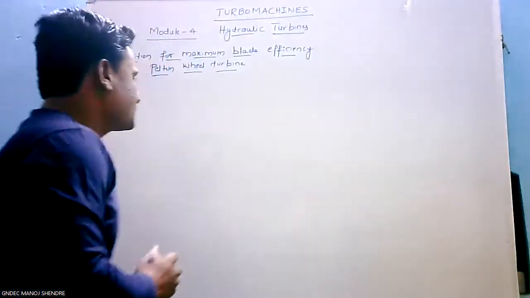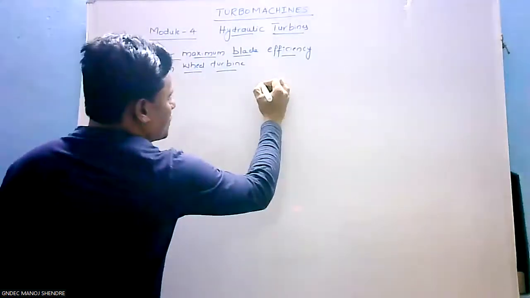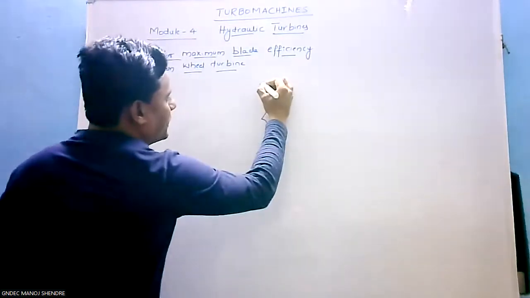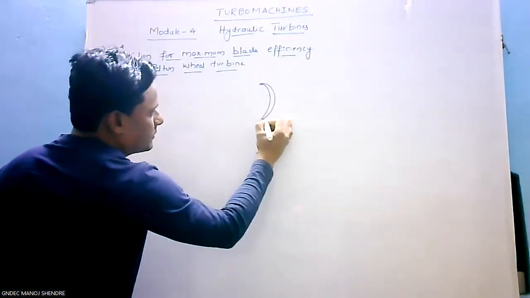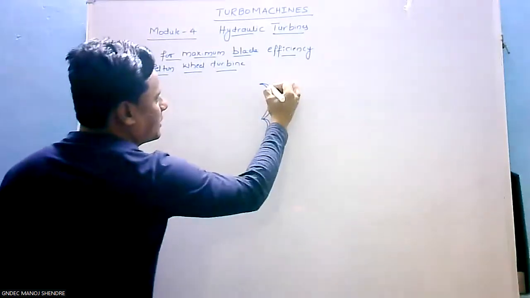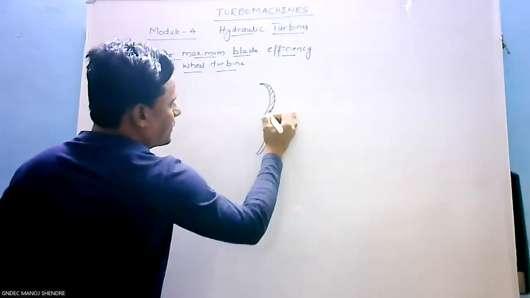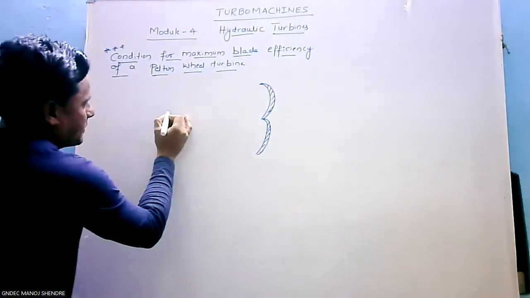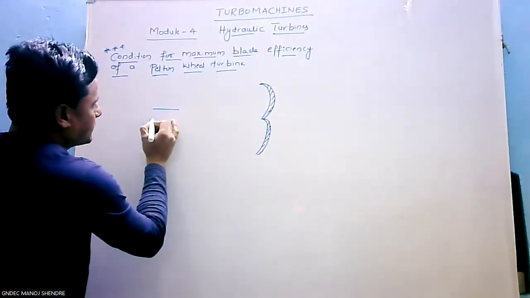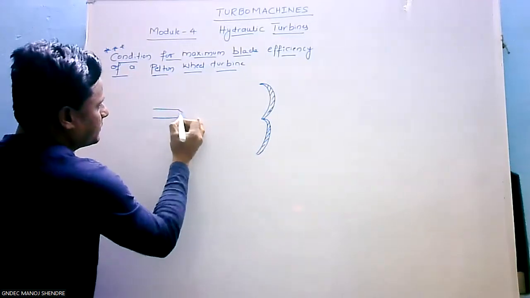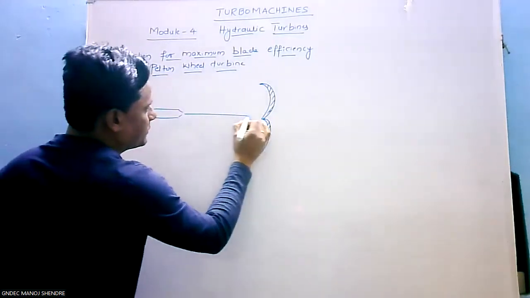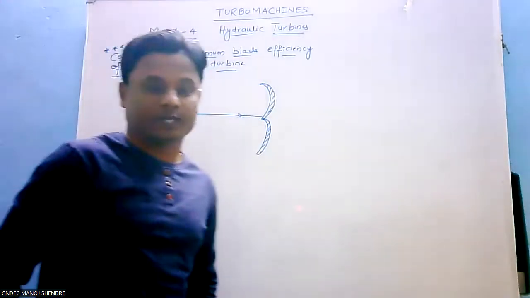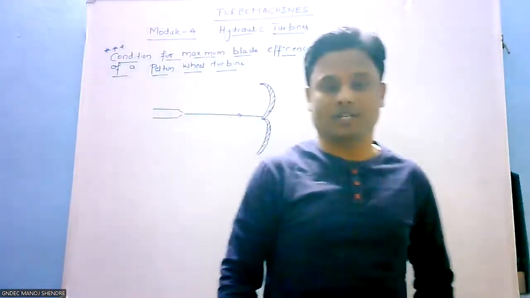This is the cross section of a single blade of a Pelton wheel turbine. Now, this is the horizontal nozzle, and this is the direction of the jet.